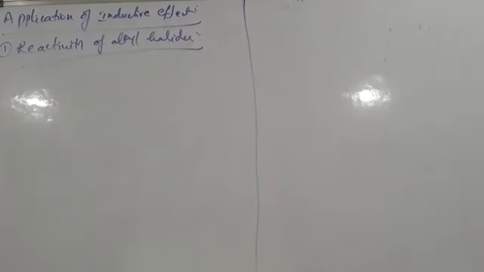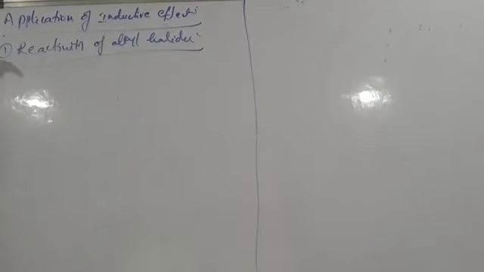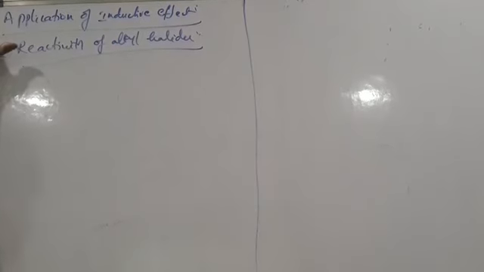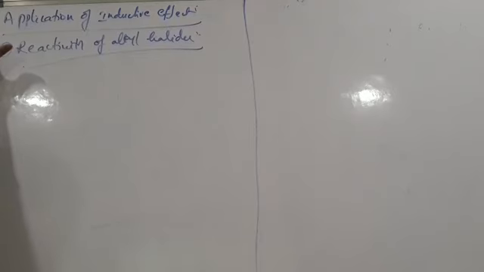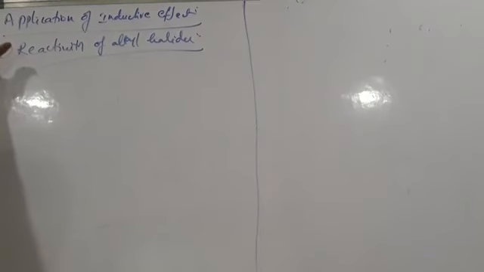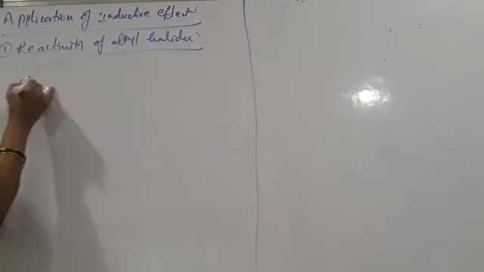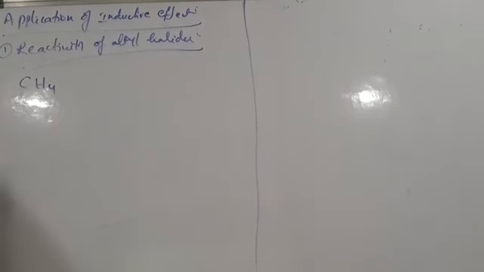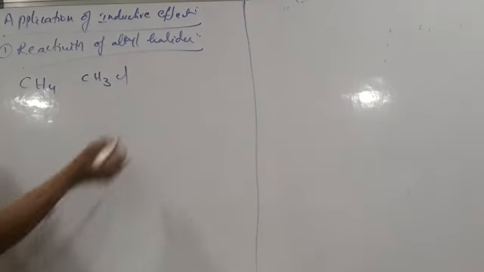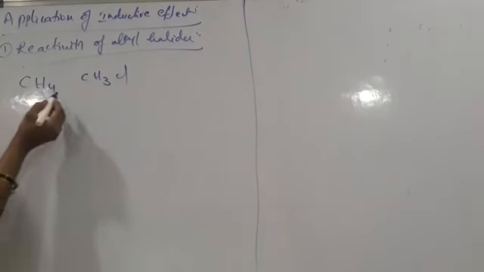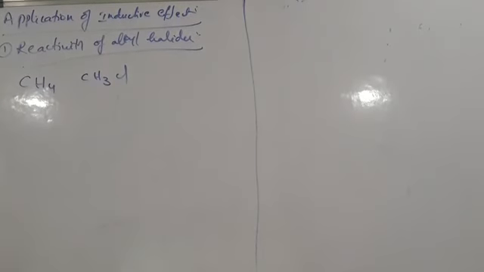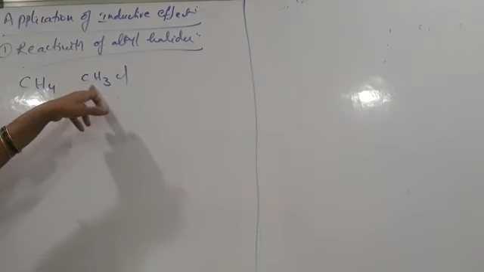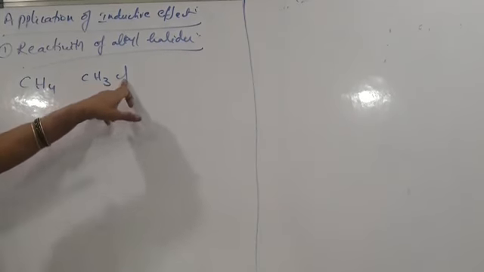Generally, the presence of a halogen atom in an alkyl halide creates a center of low electron density, where it gets attacked by negatively charged reagents. For example, methane and methyl chloride. Here methane is less reactive than methyl chloride. Why? Because instead of one hydrogen atom, a highly electronegative atom is there.